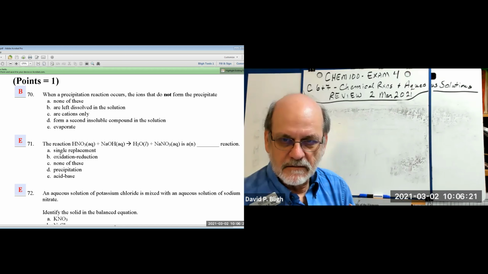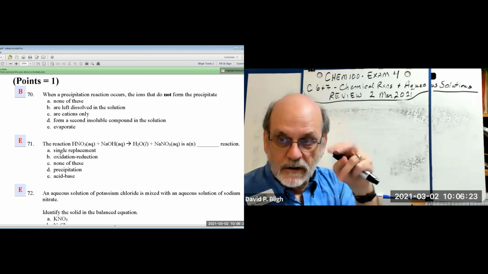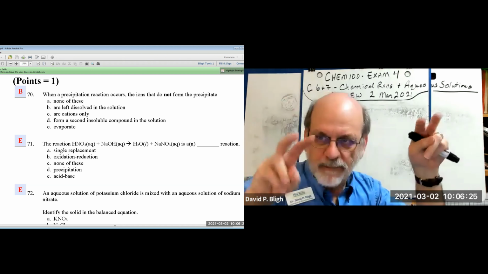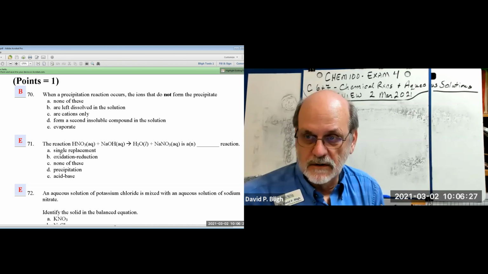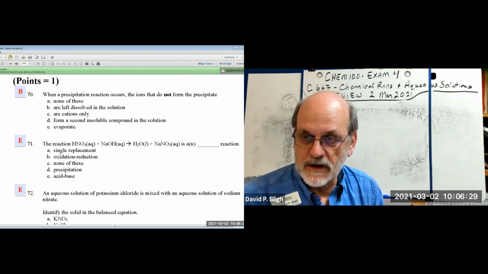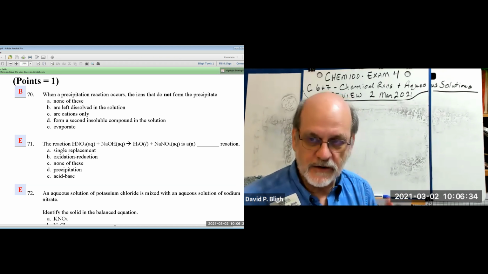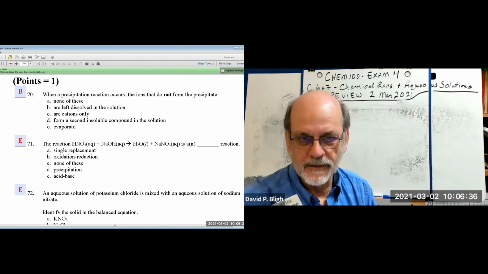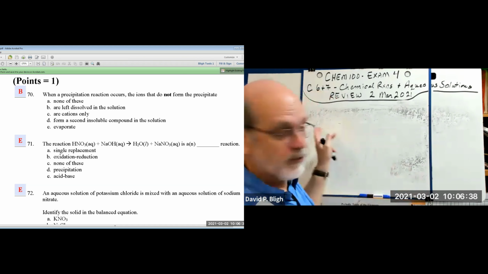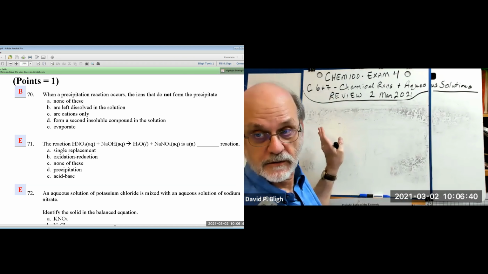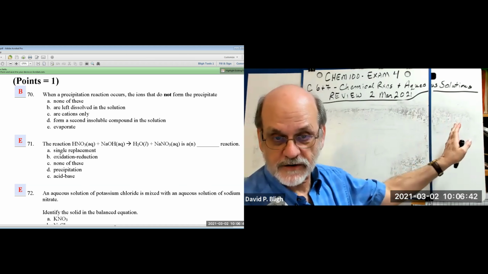And the compound that's formed that is still in solution, that's not precipitated, is in solution as free ions. Now those free ions were present on the reactant side too, and they're present on the product side. So what do we call them?